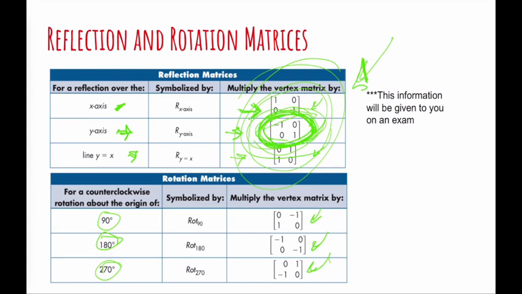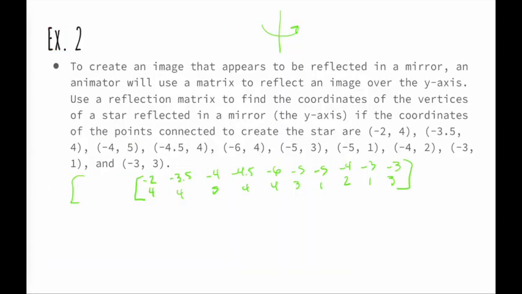And the reflection matrix needs to go in front of the vertex matrix because this one is a 2 by 2 and this one is a 2 by 10.